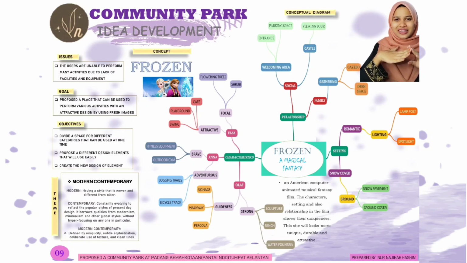It is a very attractive ground cover, and for the element, I want to propose a snow pavement, and also the ground covered fully with snow material, and also snow elements at the side.